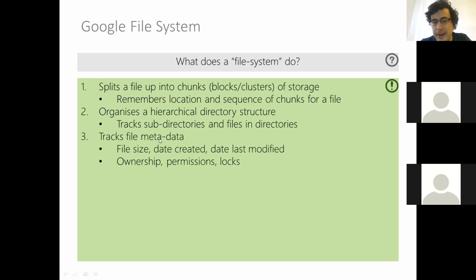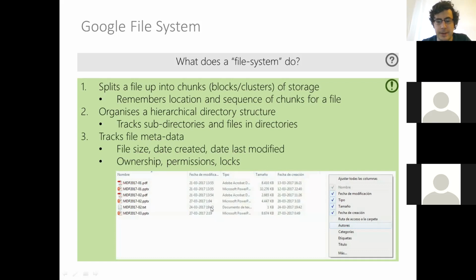It tracks some file metadata, for example, the size of the file, the date created, the last time it was modified, who owns that file, what sorts of permissions are there, 777, 775, 644, read, write, execute, these sorts of permissions. And locks: is one person editing or using the file at a given point in time. So this is what you can see, maybe right-clicking, for example, you can get some metadata. You can also view the metadata here, for example.